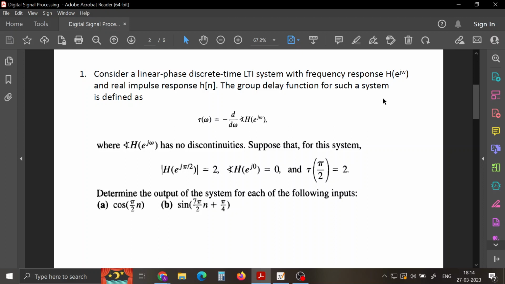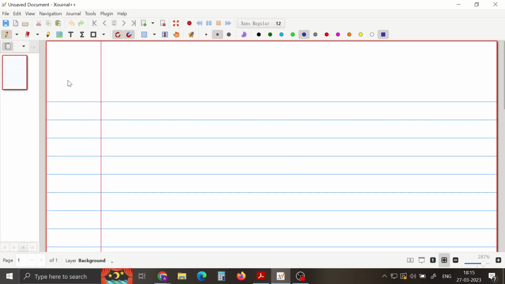So before that, let me write down the given information. Okay, I hope everyone has read the question. So let me go to the other tab.